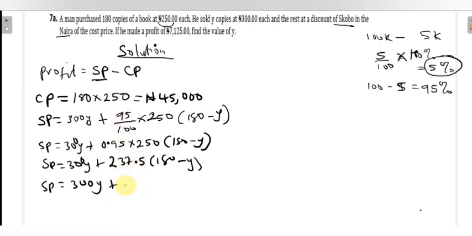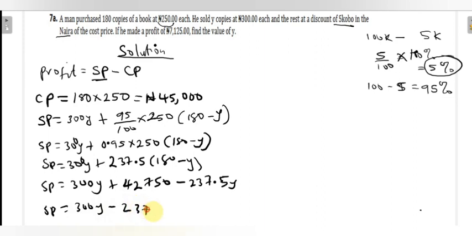That's equal to 42,750. And when you multiply this by this, we get minus 237.5Y. So the selling price will be equal to, just collect like terms, 300 minus 237.5Y plus 42,750.